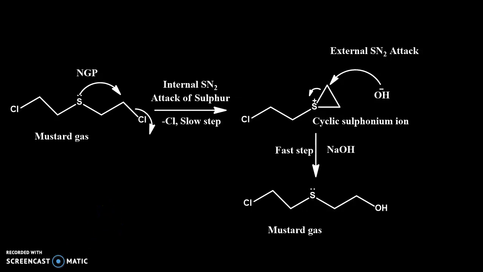In SN2 reaction there is 100% inversion in configuration. But if nucleophilic reactions are with neighboring group participation, then there is 100% retention in configuration in the product. Okay, so this is the summary point regarding the stereochemistry of neighboring group participation reactions.